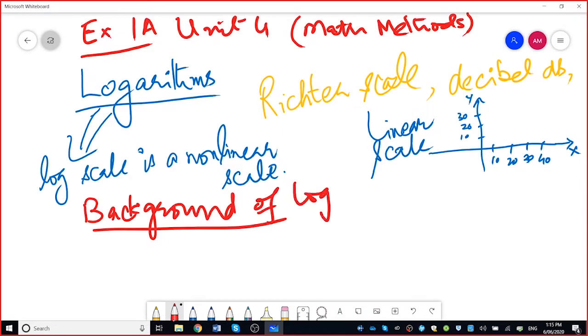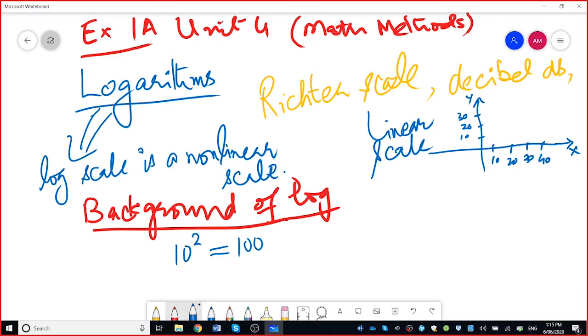Let me ask you a few things and we would move on. Do you know what 10 raised to the power 2 is? 10 raised to the power of 2 is 100. That brings us to something which is logarithmic.